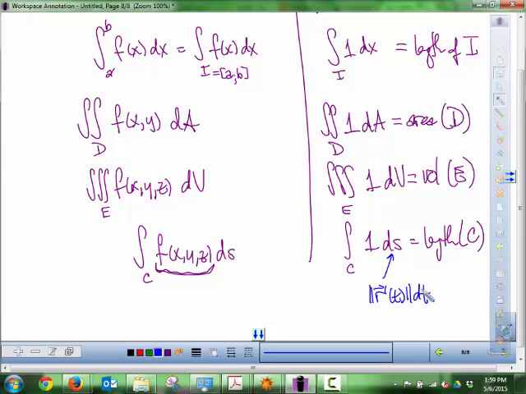Okay, so these are special cases, and we'll see that we'll add one more to this list when we do a double integral over a surface, a double integral of a scalar function.